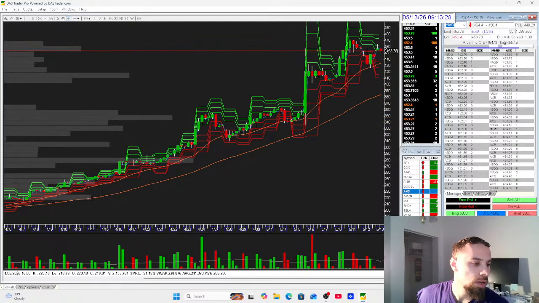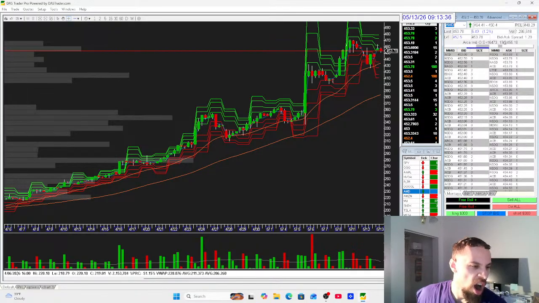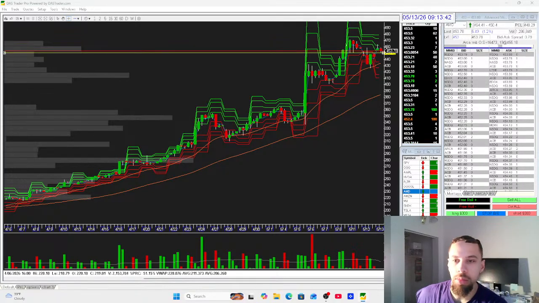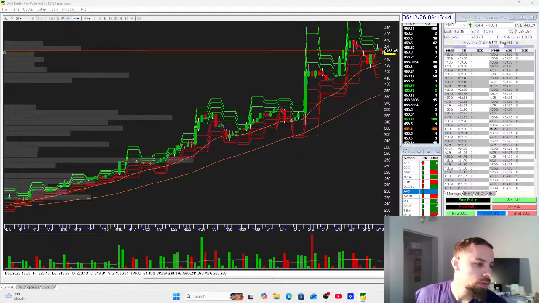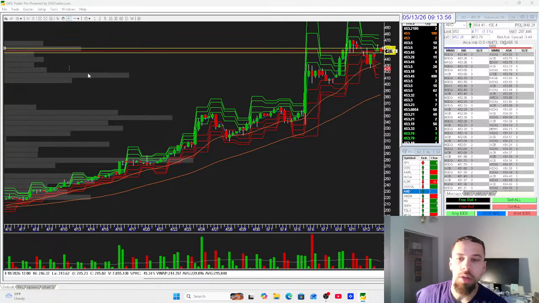AMD looks like a reverse head and shoulders, kind of. Shoulder, head, shoulder. Okay, let's see. Support, bam. 450. Resistance, go about right there, 458.